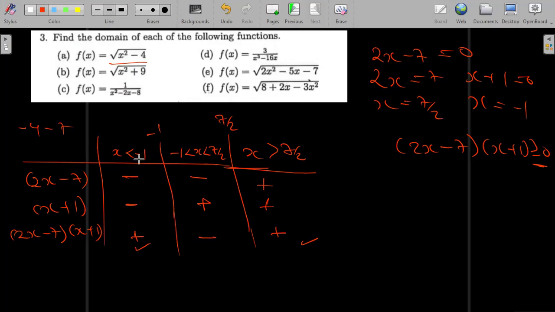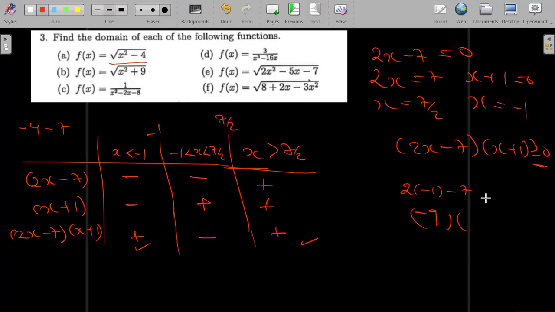Then I can test negative 1. Is negative 1 going to be valid here? If I put negative 1 in our linear factors, I get 2 times negative 1, minus 7, which is negative 9.